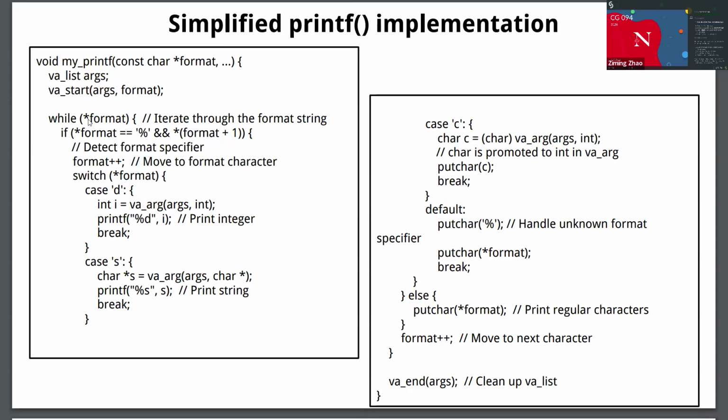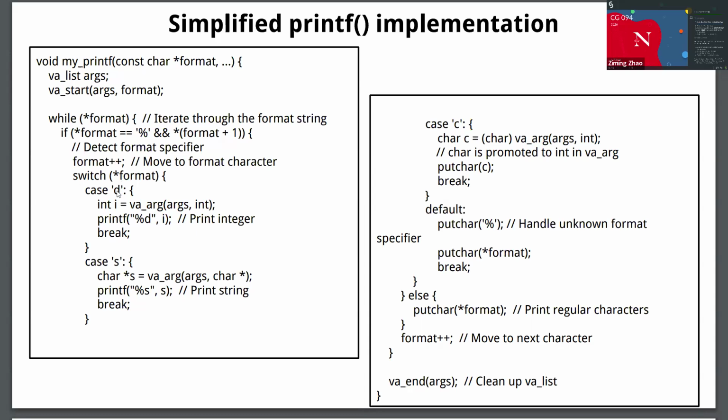Then we try to read, dereference each byte, each character of the format. If that byte is just a regular character, we just print it out, right? But if it's a percentage sign, it means that is a format specifier. Then we are going to do something special.